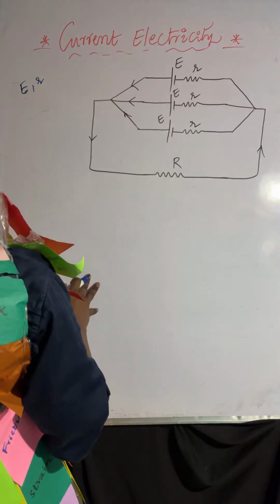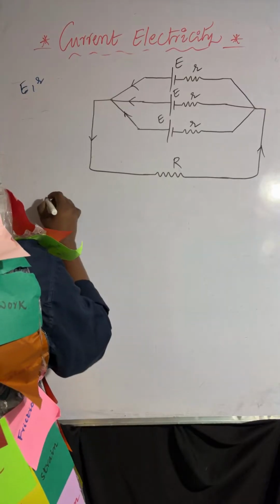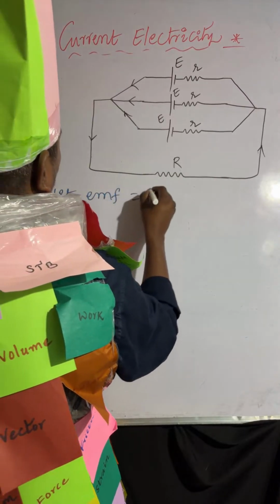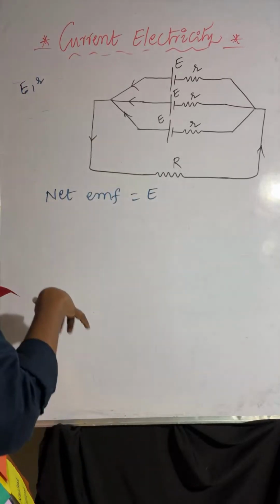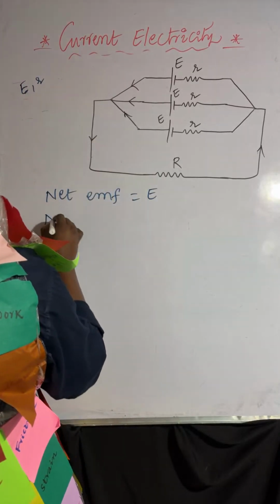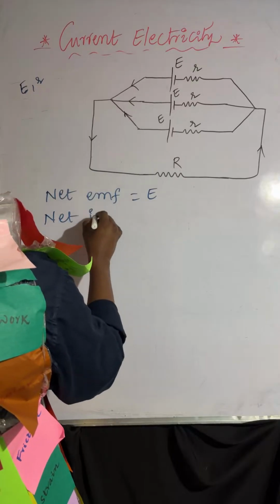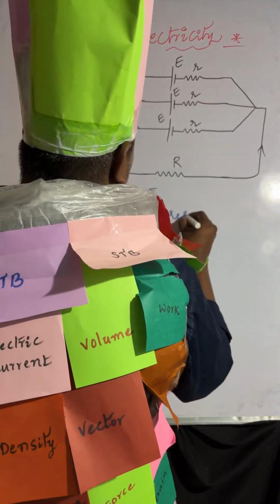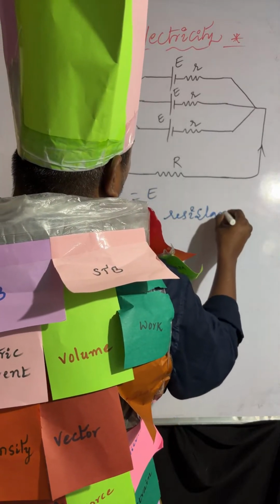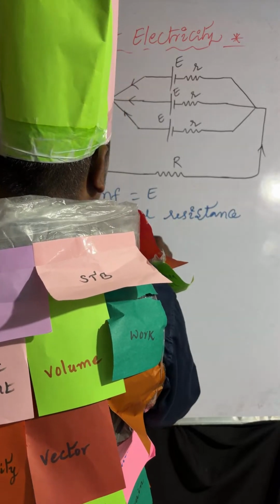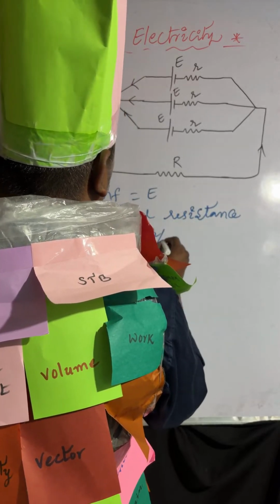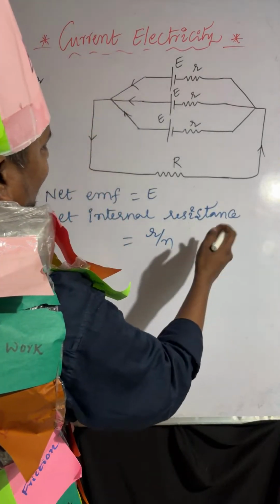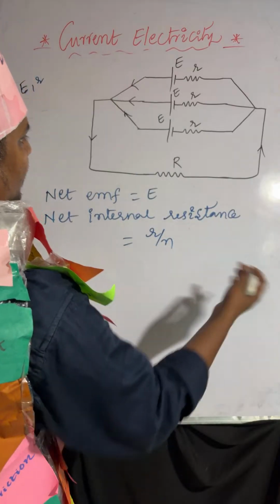So now net EMF equal to E because EMF is the same in parallel combination. Net internal resistance is R by N. Actually 1 by Rp equal to N by R, so Rp equal to R by N in parallel combination.